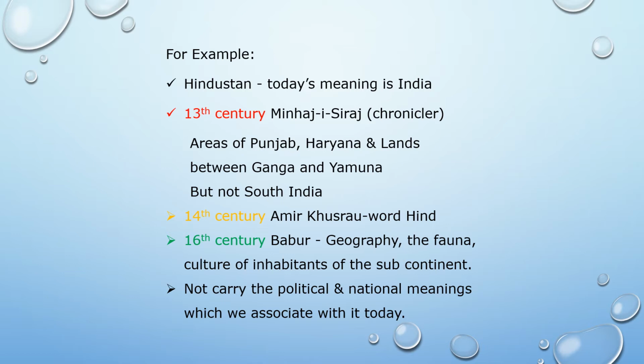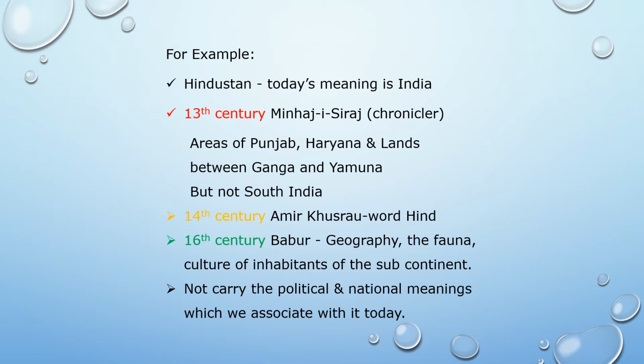So here a chronicler, his name is Minhaj-i-Siraj. He wrote in Persian that the areas of Punjab, Haryana and lands between Ganga and Yamuna were termed as Hindustan. Actually, he used this term in a political sense, that these are the parts of the Delhi Sultanate.